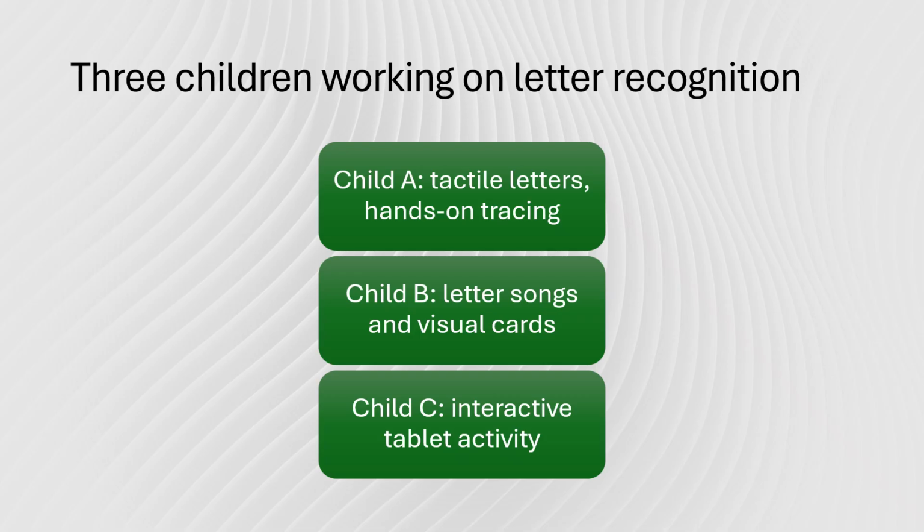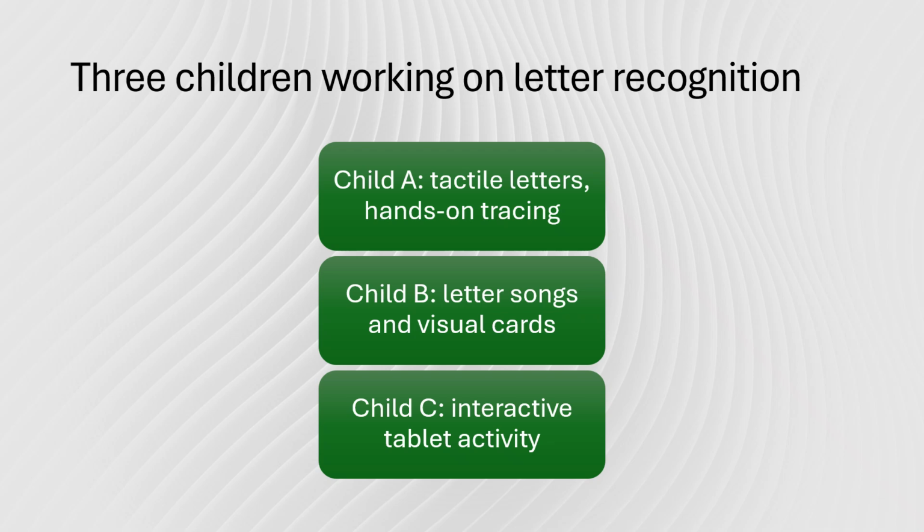And so they're all learning the same letters, but they require different approaches. Child A might benefit from tactile letters, hands-on tracing, drawing letters in the sand, drawing letters in the air, right? Because it reinforces their fine motor and visual recognition skills.